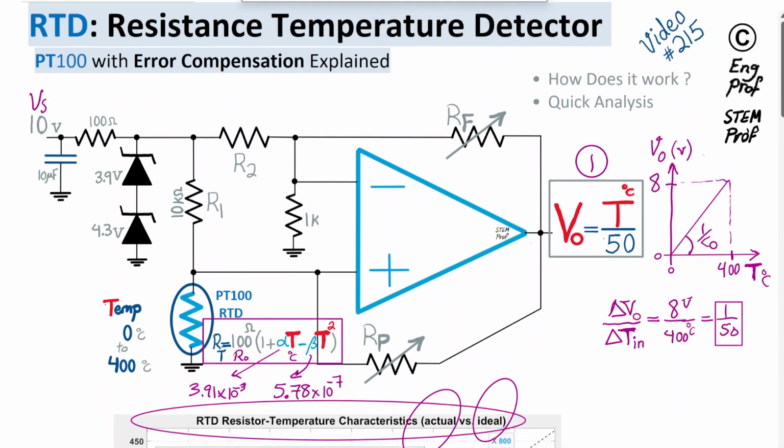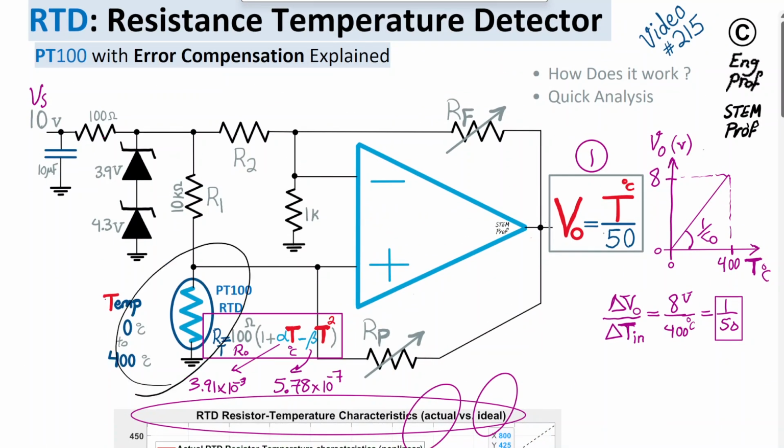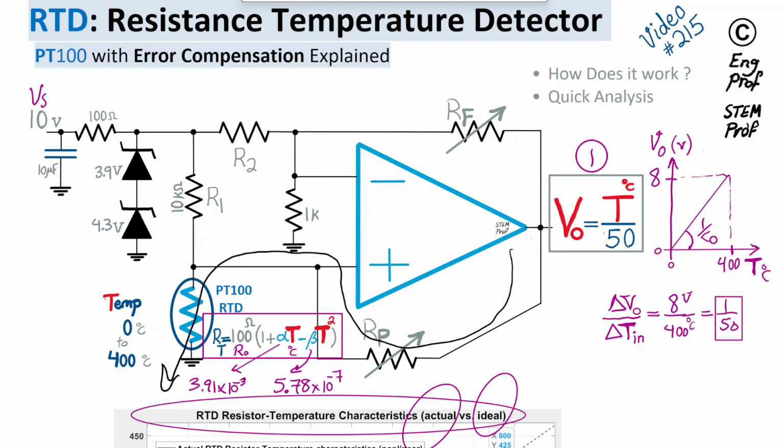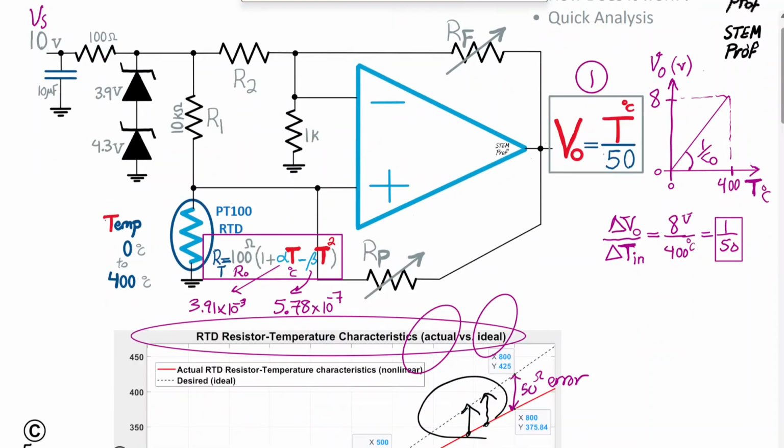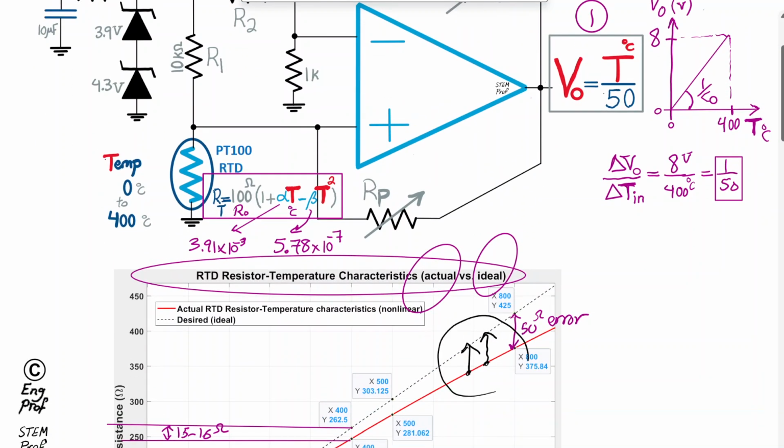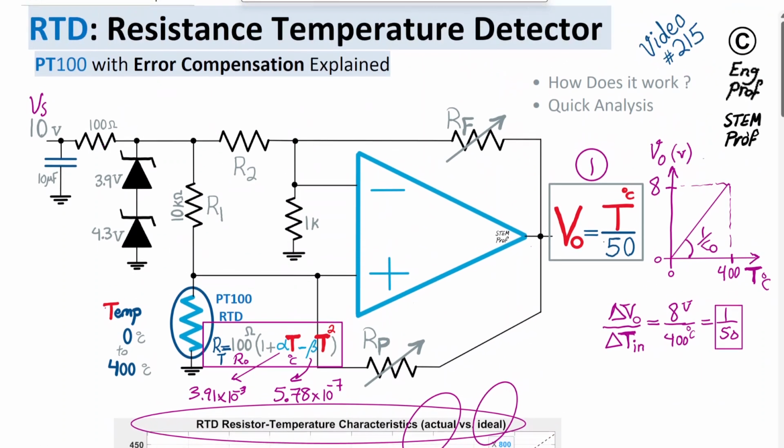How is it achieved? When the temperature goes up, V out goes up. When V out goes up, via this very large resistor, it provides a weak positive feedback current to increase the voltage of the resistor. That takes care of pushing up the curve so that it is less bent.